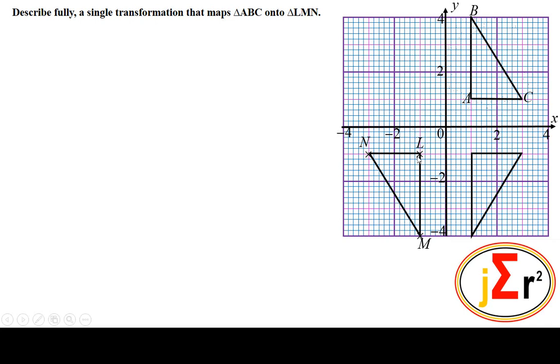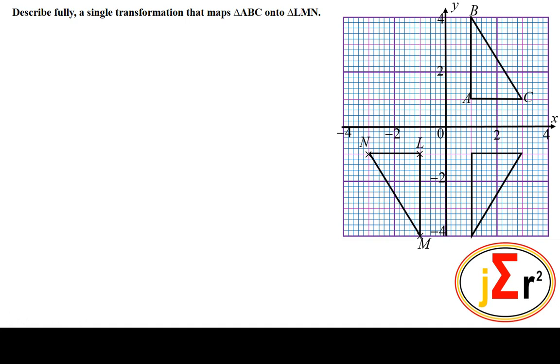And if we do the same L, M, N here, that is also a clockwise rotation. Those being clockwise rotations will tell us that the transformation is a rotation.